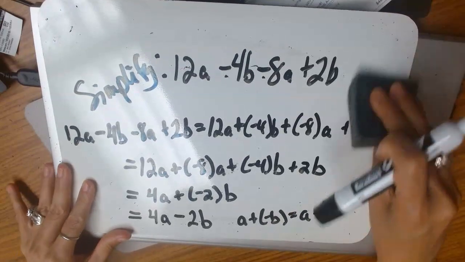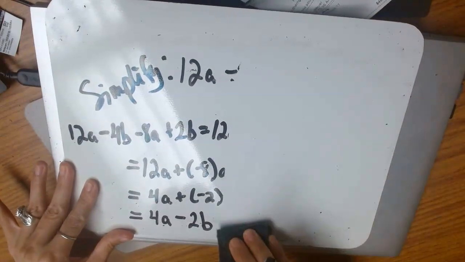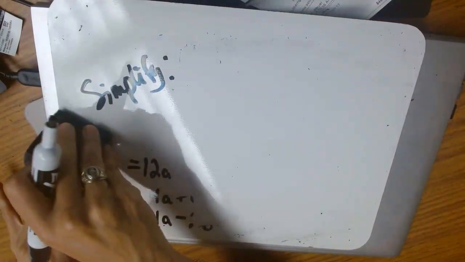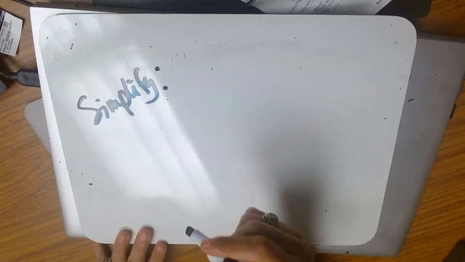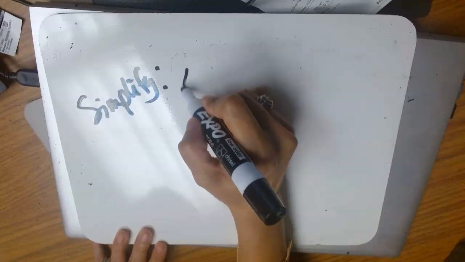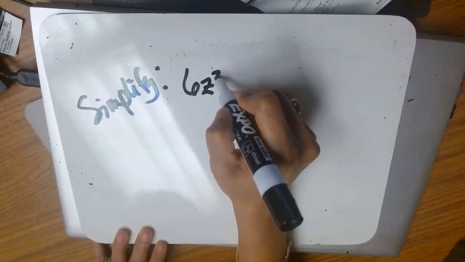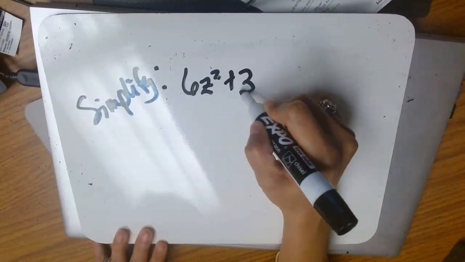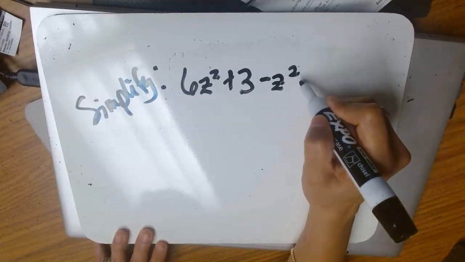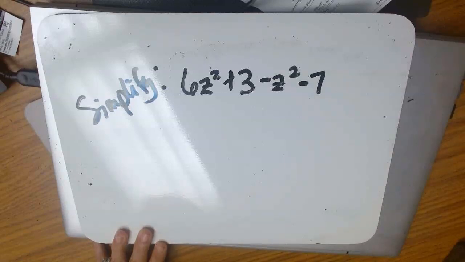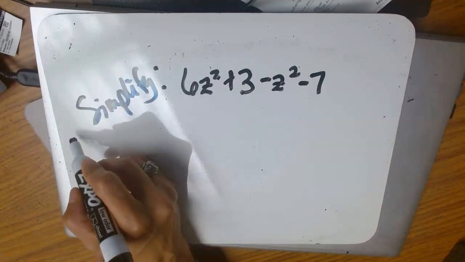Okay, the next example is the following. So to simplify, 6z to the second power plus 3 minus z to the second power minus 7. So don't forget, you've got to change your subtraction to addition of the opposite. So we're going to rewrite it again.